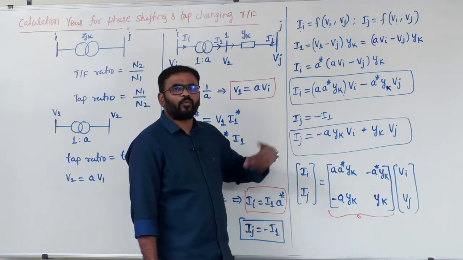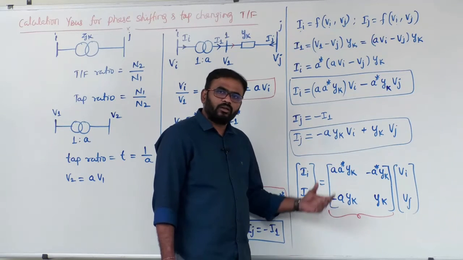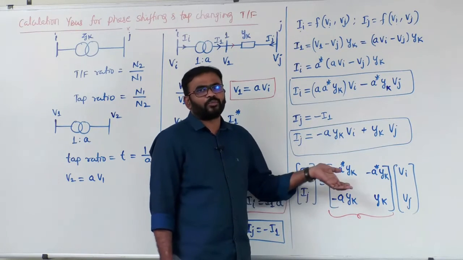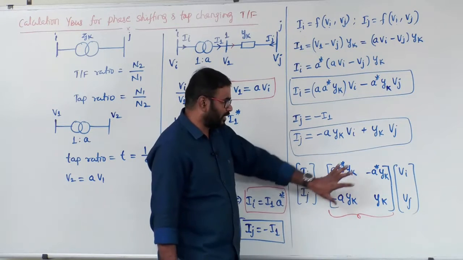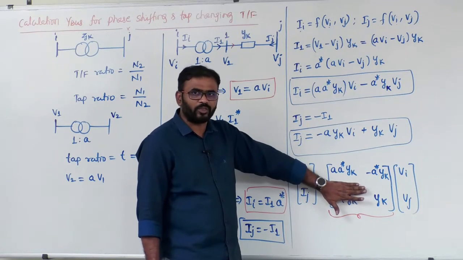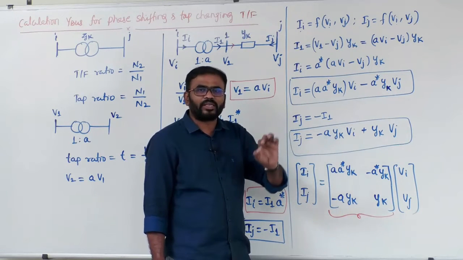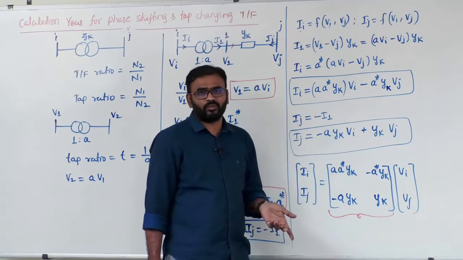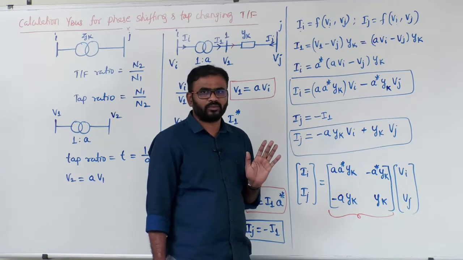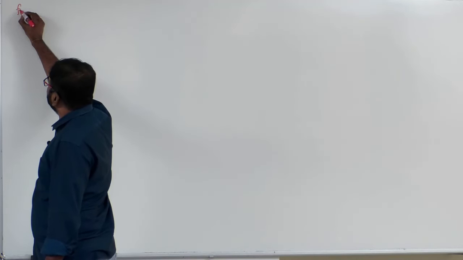Clear? So now I am going to write the nominal pi model for tap changing transformers. Okay, but that's about the Y bus matrix for phase shifting transformers. And now we are going to write the nominal pi equivalent of tap changing transformers, not phase shifting transformers. So let me write the Y bus for phase shifting transformers.